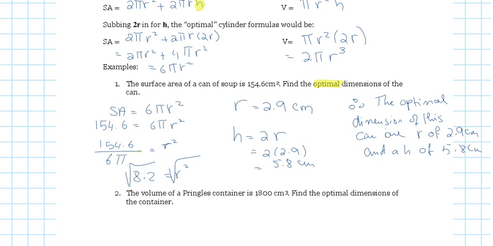Can I write just the surface area of the can? That would be right. So the optimal dimension of the can that has a surface area of this.